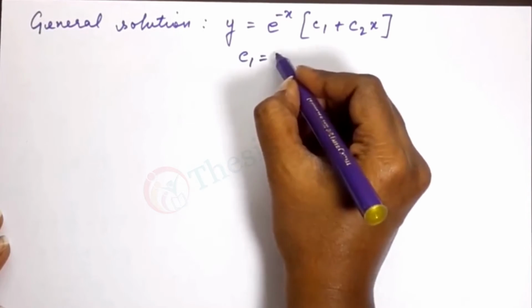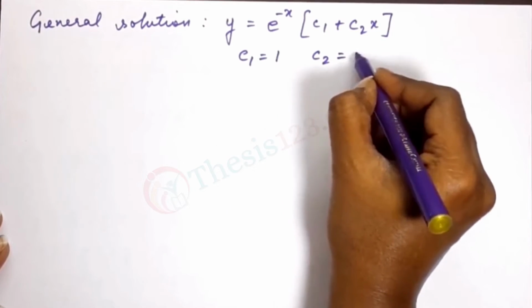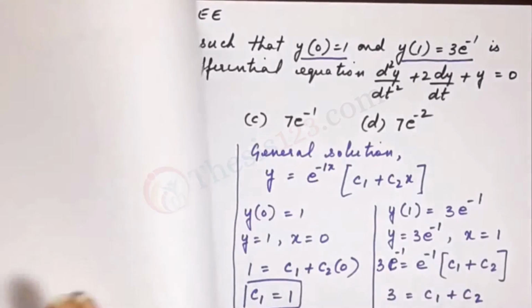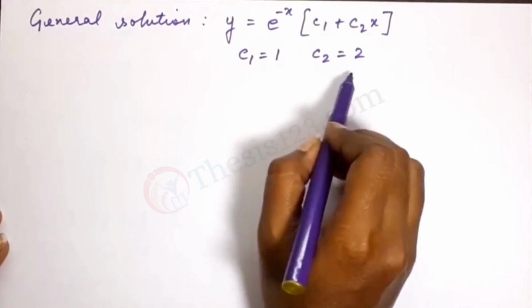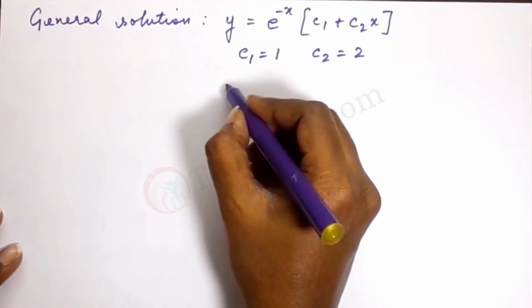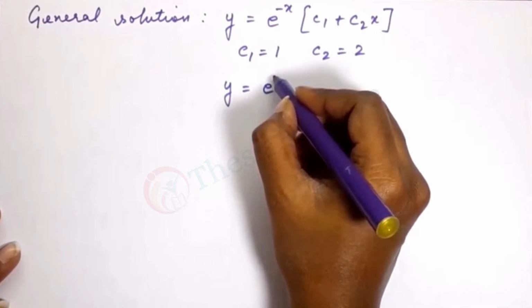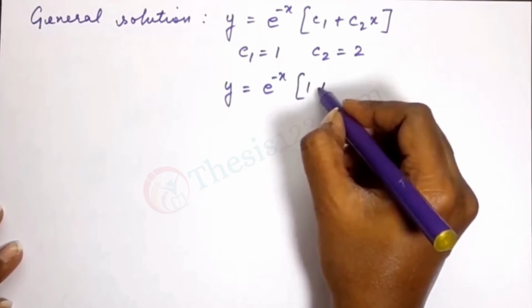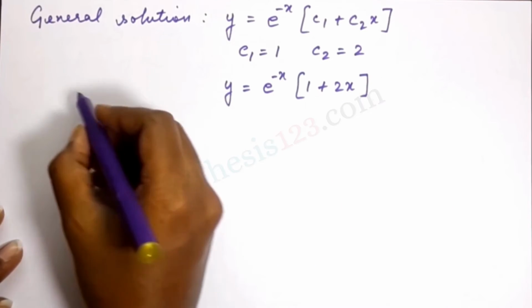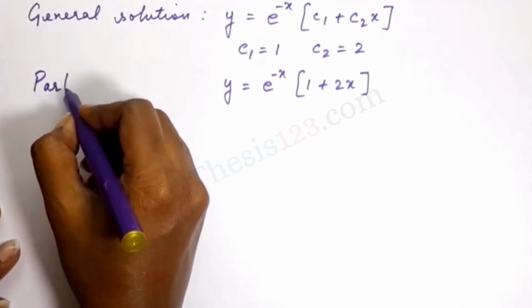We have c1 equals 1, c2 equals 2, right? So let's substitute this into the equation above, and we get 1 plus 2x. So this is known as the particular solution.